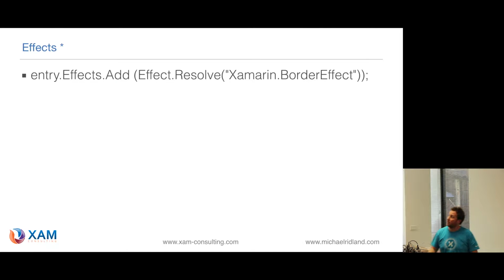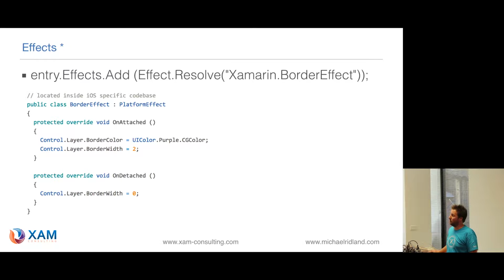You can see here, it's adding a Xamarin border effect. Every control that you add this to gets a border effect, and then here your border effect is changing it to purple with a border width of 2. What you don't actually see there is, well, you can see here, this is a UI color. That's a native API, and this layer is a native API as well.